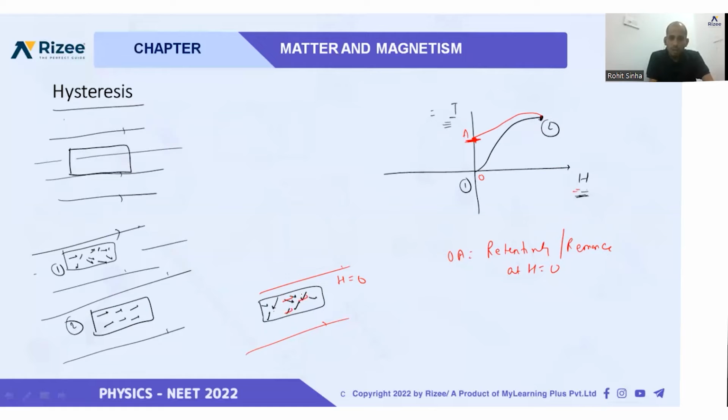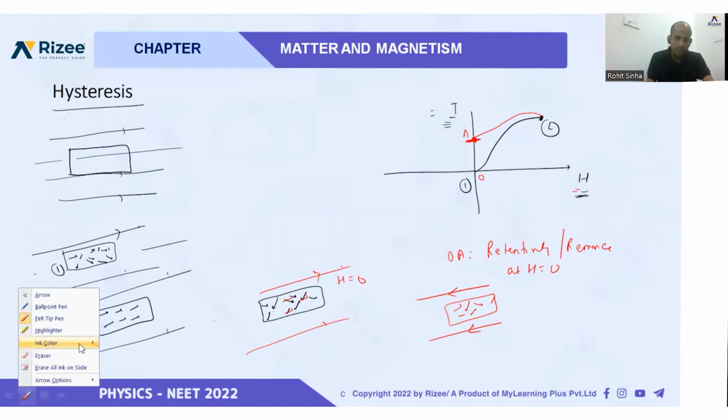Now some magnetic property is remaining there. Now we want to decrease the magnetic property. What happened? Now we change the direction. Earlier it was from left to right. Now we change the direction of the external magnetic intensity. What will happen in the material?